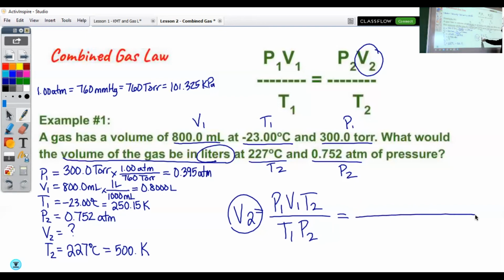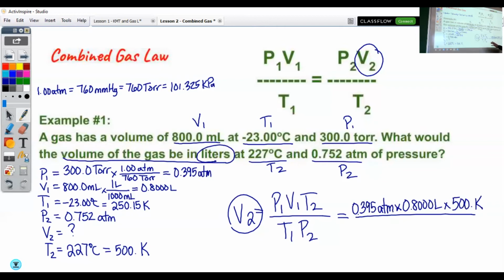So we're going to start off with pressure 1, which is 0.395 ATM. We're going to multiply that by our volume 1, which is 0.8000 liters. And we're going to multiply that by temperature 2, which is 500. Kelvin.